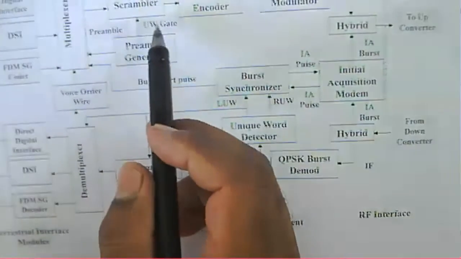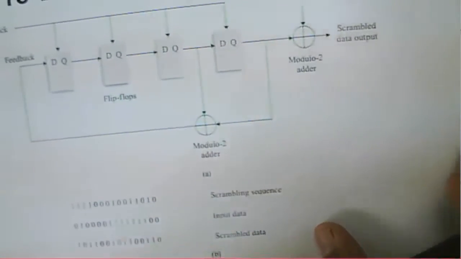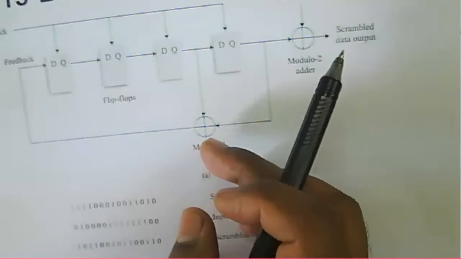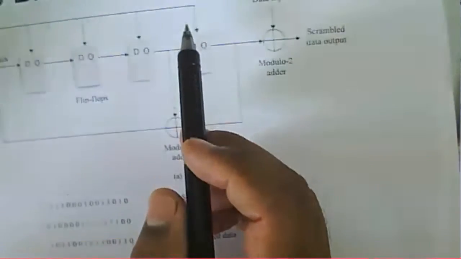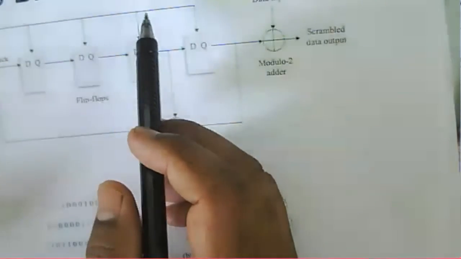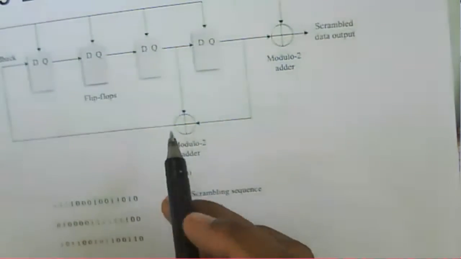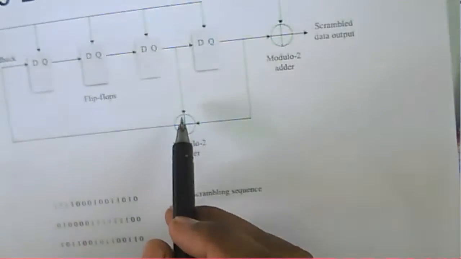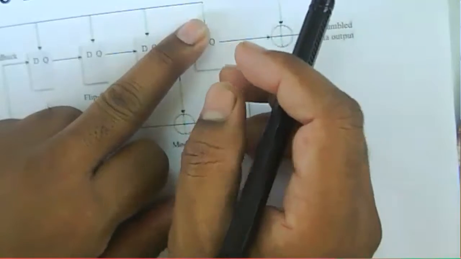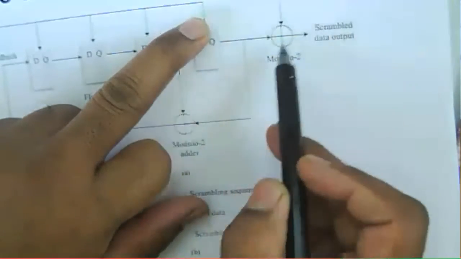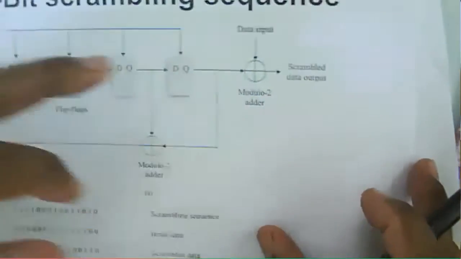Okay, so it will start with some particular unique word. You can see that here we have a 4-bit scrambler circuit, and in that 4-bit scrambler it will generate a sequence with a 4-bit shift register, and whatever the PN sequence is, that will be modulo added with the data sequence, so that we'll get a scrambled data output.